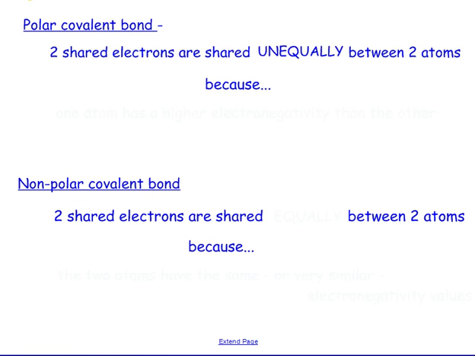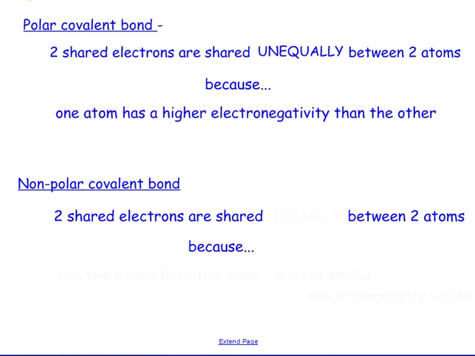So the example you just saw, where you had a very large atom covalently bonded to a very small atom, those electrons in that covalent bond will be shared unequally, and therefore be considered to have a polar covalent bond. So those two shared electrons are shared unequally because one atom has a higher electronegativity than the other.